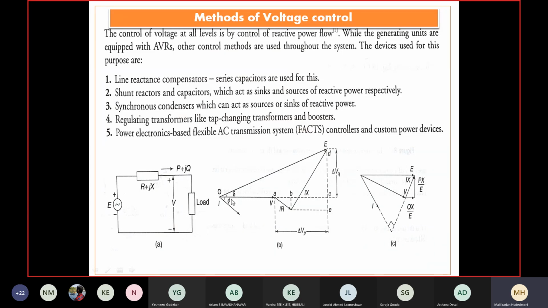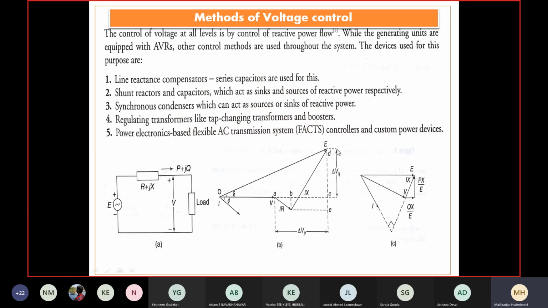If I extend OA further like this up to C, and drop a perpendicular from E downward like this, then drop a perpendicular from the IR point to the horizontal line at B, you can see a small construction. Basically it was OA, IR, IX, OE.